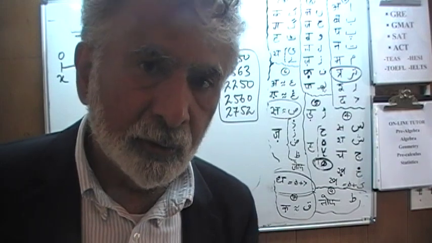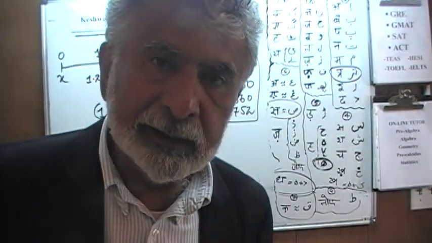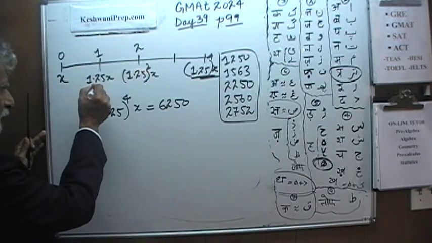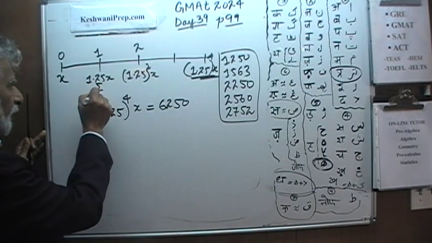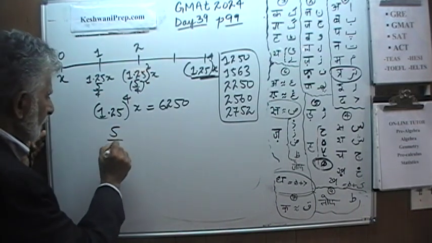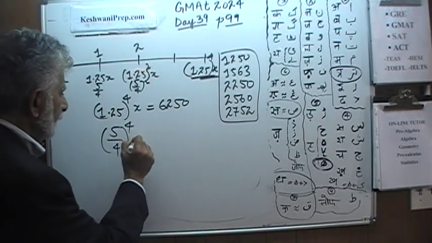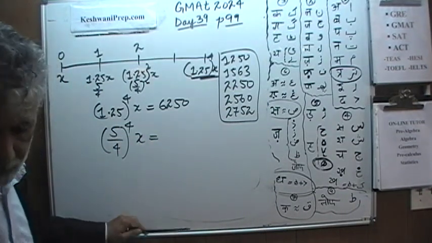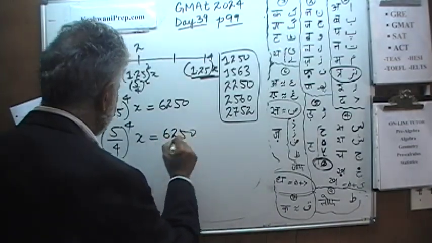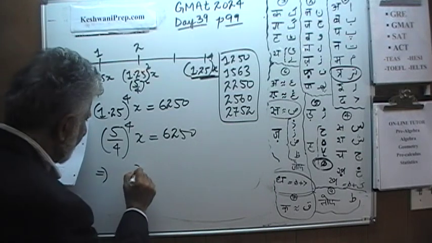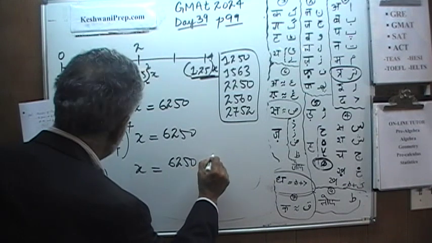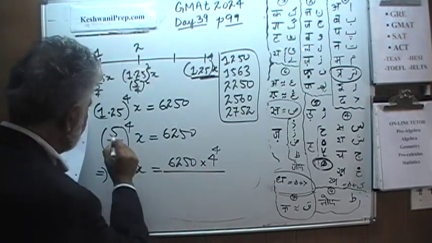The smart thing here is to convert this decimal into a fraction. Don't deal with decimals. 1.25 is simply 5 over 4. This is 5 over 4 squared, and so on. This is 5 over 4 raised to 4, and you will see in a second that it will help us a great deal. And that has to equal 6250, which in turn implies that x would have to equal 6250 times 4 raised to 4 over 5 raised to 4.